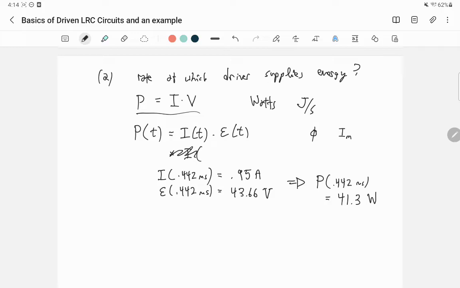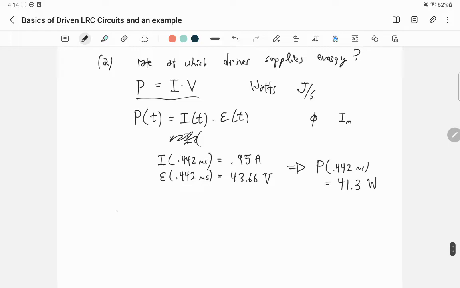Okay. Now, here is something that's sort of difficult. Is this positive or negative? We will say it's positive if the driver pushes on the current in the direction that the current is already going.